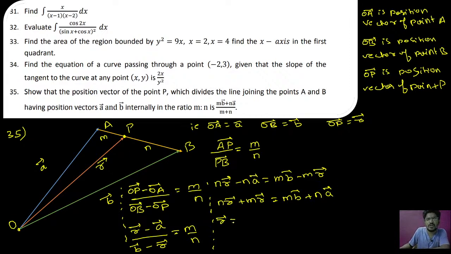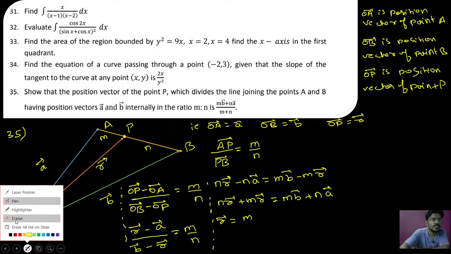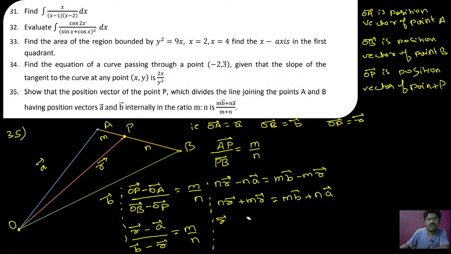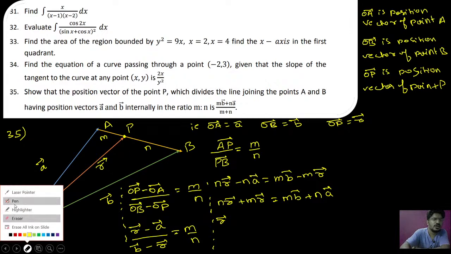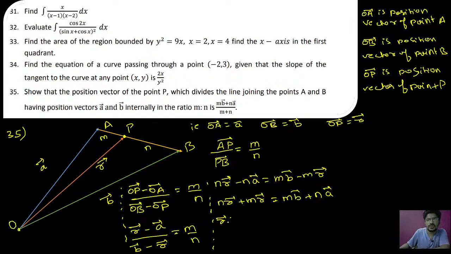Here r is common, so if I take r as common, that will be r times (m plus n) equals m vector b plus n vector a.